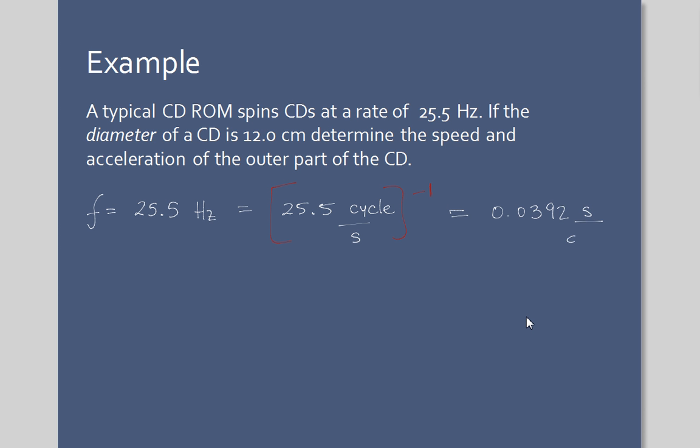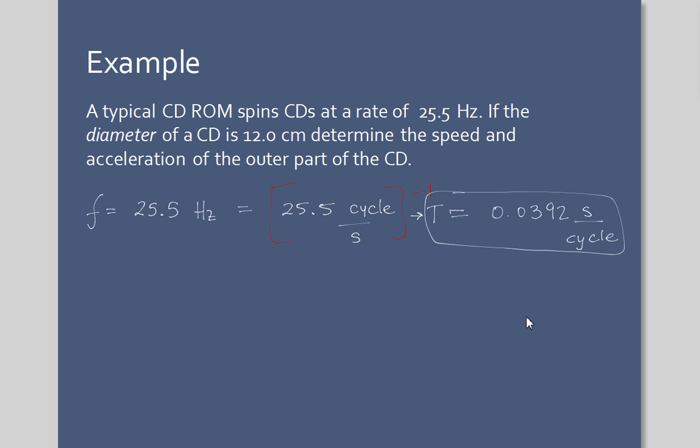Seconds per cycle, and the cycle is often omitted. It's just a second. What's the period? The period is 0.03 seconds, or 0.04, whatever. So the frequency and the period are just inversely related, that power minus 1 button.